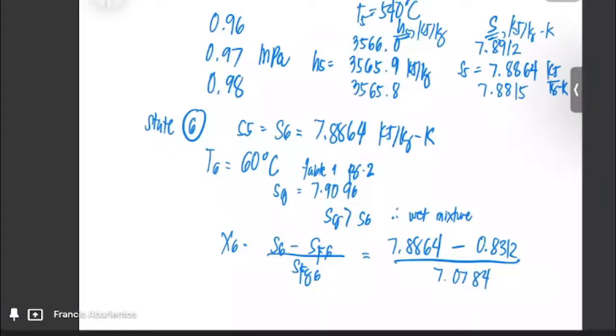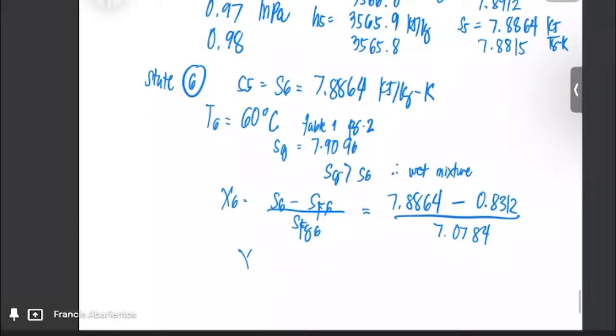Okay, so the quality at point 6 now is equal to 0.9967. So, malapit pa din siya sa dito class ha.